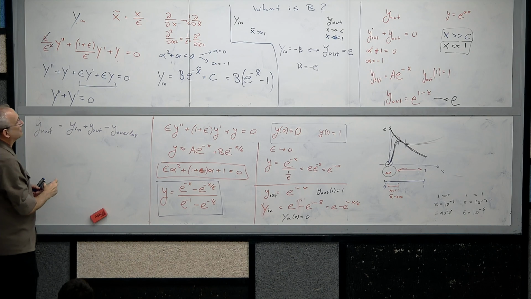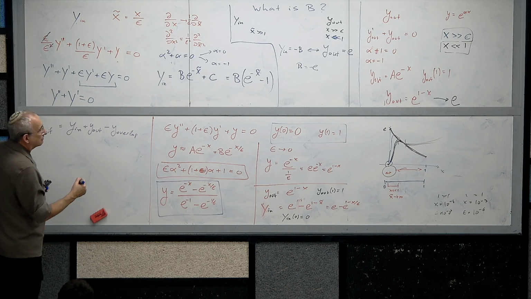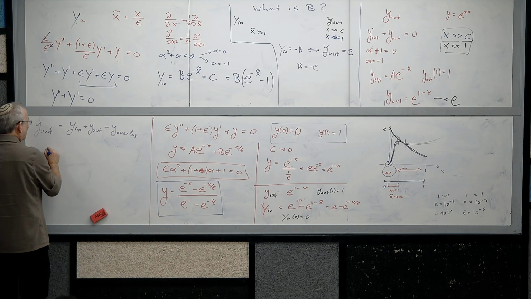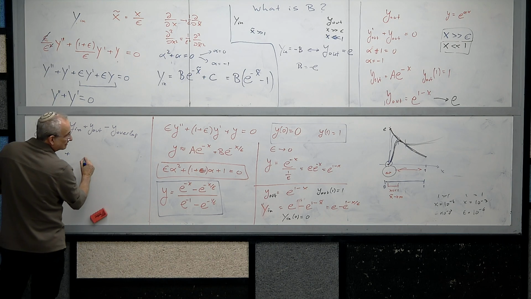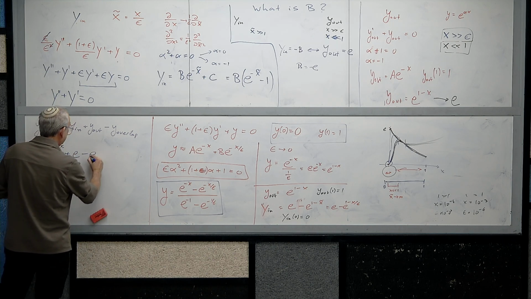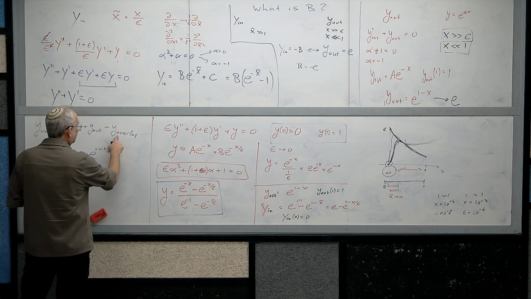So in our case, y out is e to the 1 minus x, plus y in, which is e minus e to the 1 minus x over epsilon. But now I have to subtract the overlap.